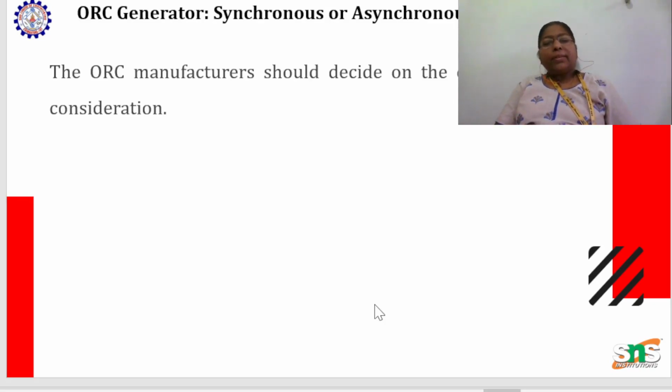If it is synchronous or asynchronous, the manufacturers have to think about the financial binding also. So they have to clearly work out the cost of all the main circuits as well as the auxiliary units.